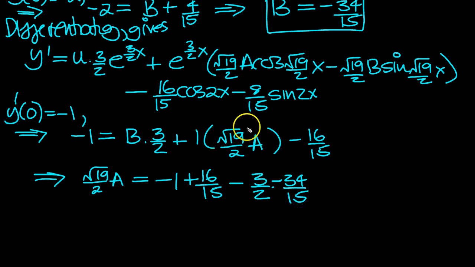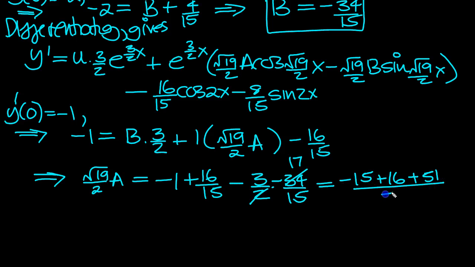So all we did was we read from right to left: root 19 over 2 A there, we then moved the 16 over 15 to be with the minus 1 and make it plus, and this was minus 3 over 2 B, and B was minus 34/15. So we're dealing in 15ths, aren't we? That goes into that 17. So minus 15/15 is the first term, plus 16, and then minus 3 times minus 17 is plus 51 over 15. 16 take 15 is 1, so we've got 52 over 15.